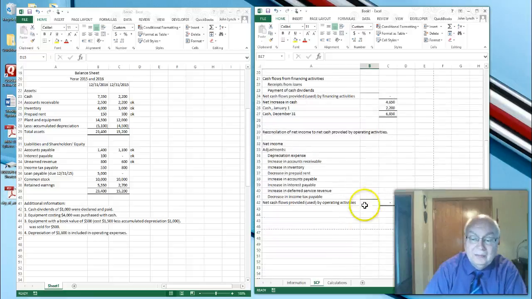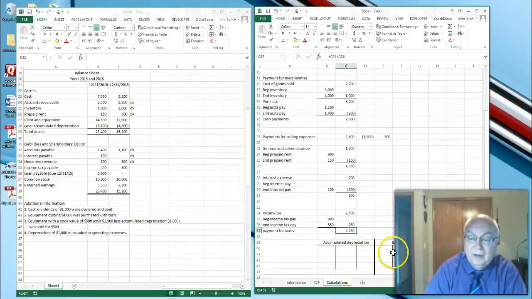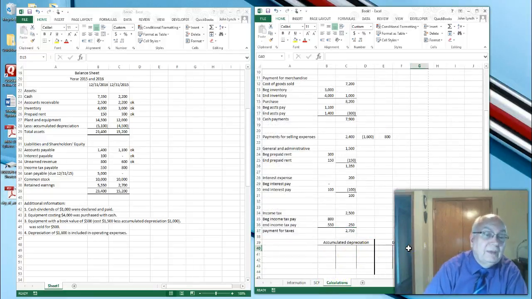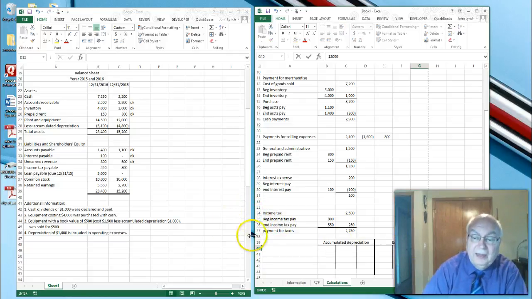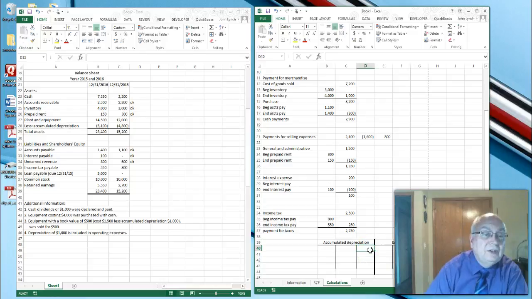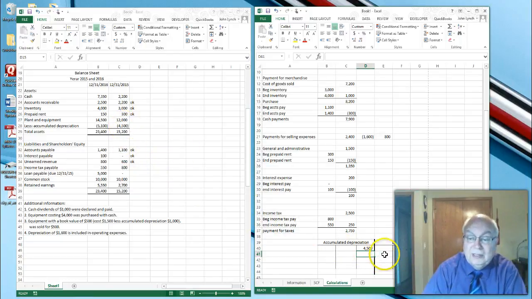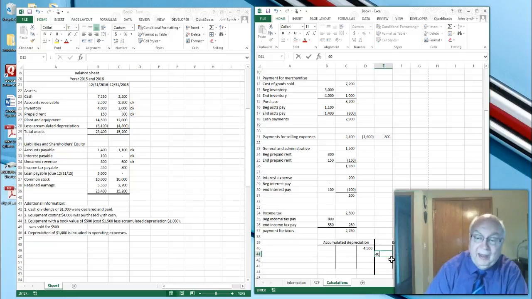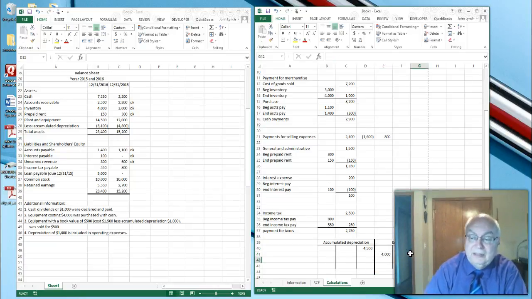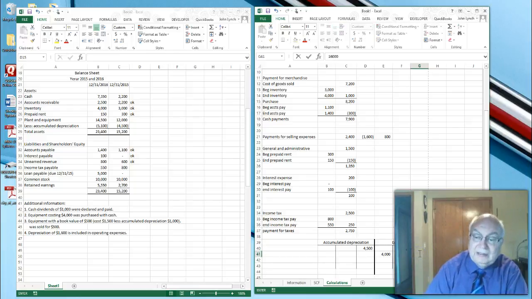Now I do have some T accounts over here. I should have my beginning balances in there. We start off here with 12,000, and the accumulated depreciation was 4,500, I believe. Yeah, 4,500. Okay. Well, it says we purchased 4,000, which makes this one then 16,000.